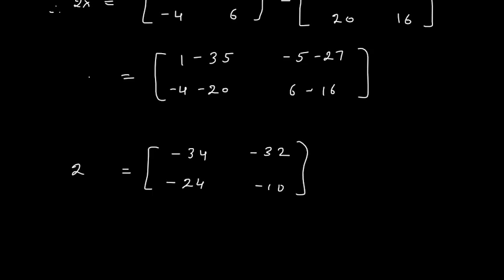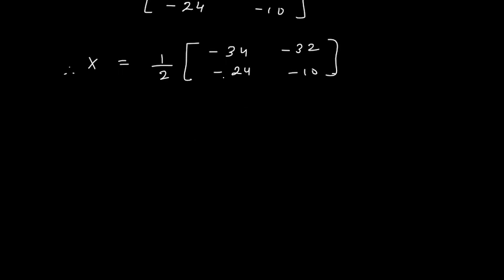So therefore x is equals to, this 2 will come on this side, it is 1 by 2 times minus 34, minus 24, minus 32, minus 10. So you have to divide each number by 2. So it is minus 17, this is minus 16, this is minus 12, this is minus 5. Okay, so this is your value of x.